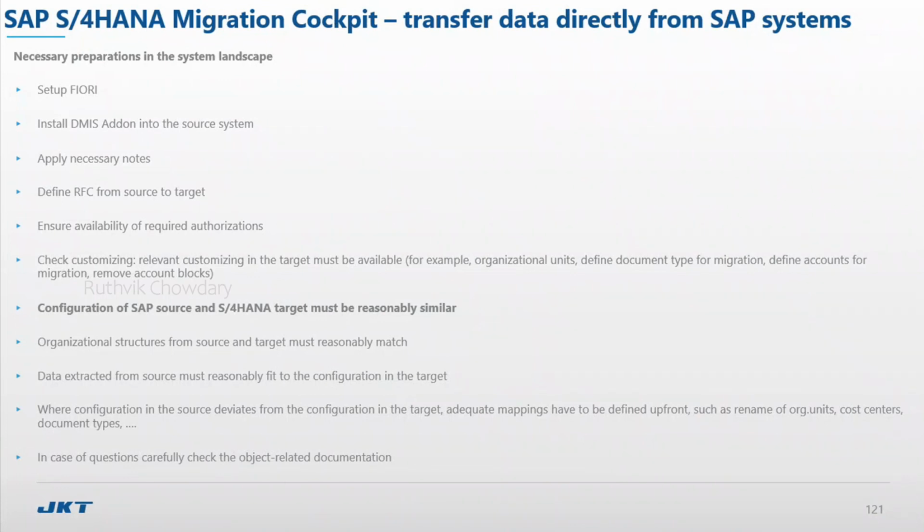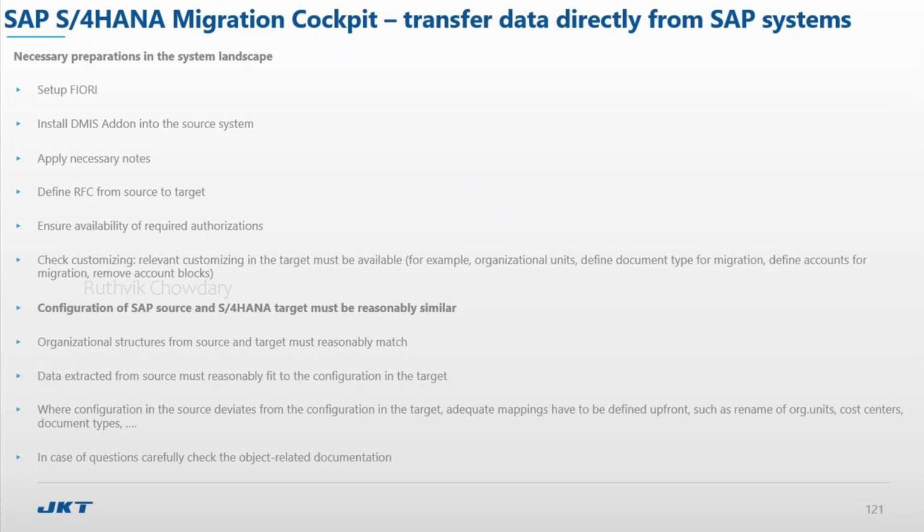And then we need to define the RFC connections between both the SAP ECC version and the S4HANA version. Once you set up, then you need to give proper authorizations. Then we need to cross verify whether all the customizing targets are the same, for example organizational units, document types, all those things you have configured properly or not, because the total data, end-to-end data is getting transported.